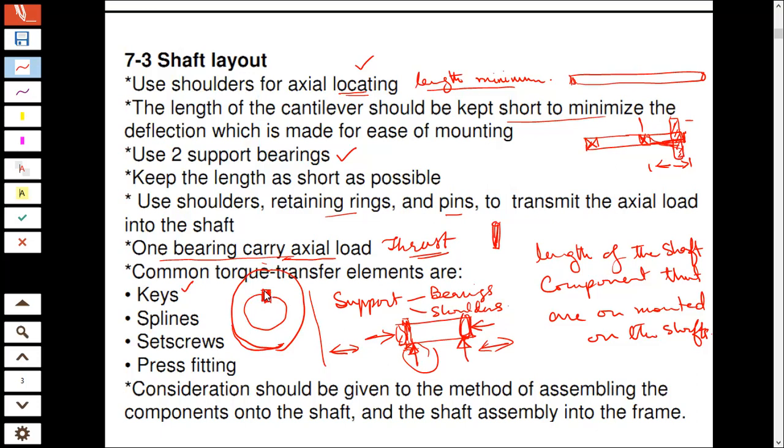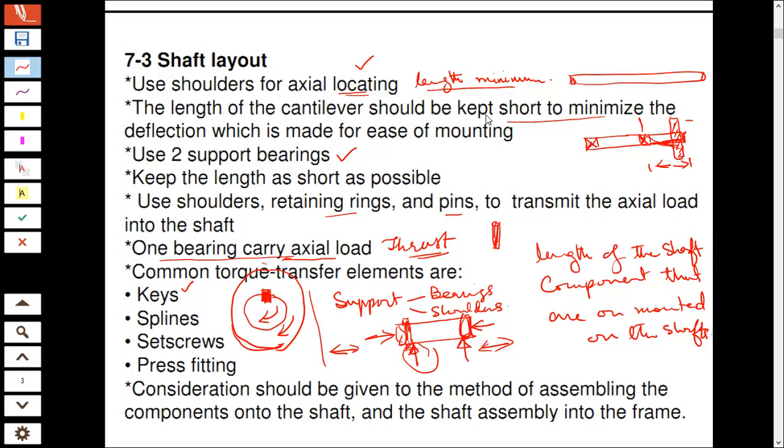So this key is used for torque transfer. When the shaft rotates, this pulley or this gear is going to rotate too, because of this key. You can put keys in different configurations. You can put multiple keys in there. But I'm sure that you would have seen a key before or read about it before.